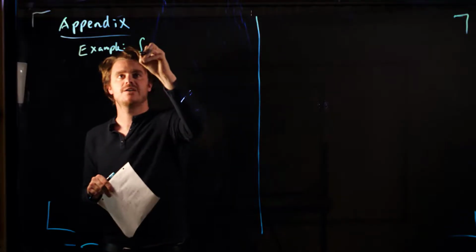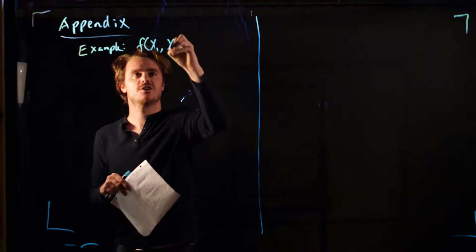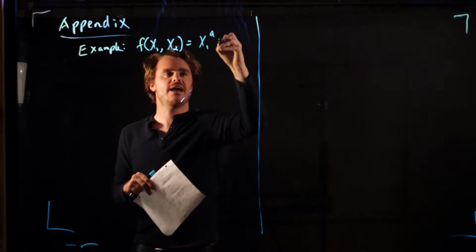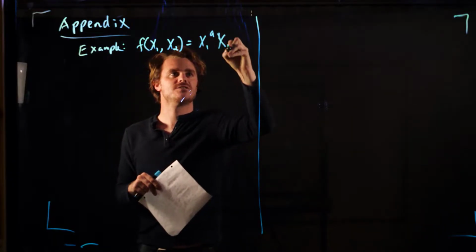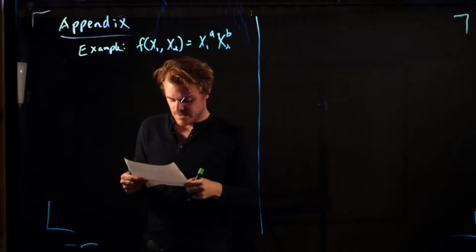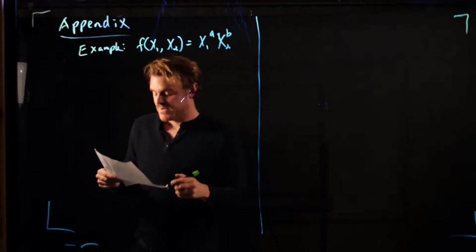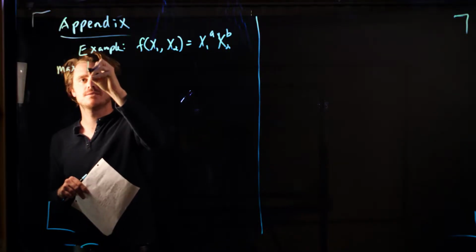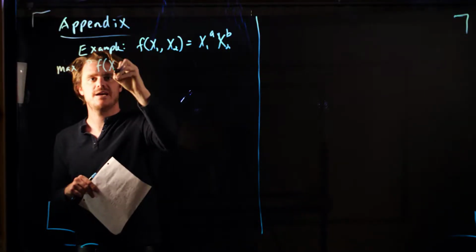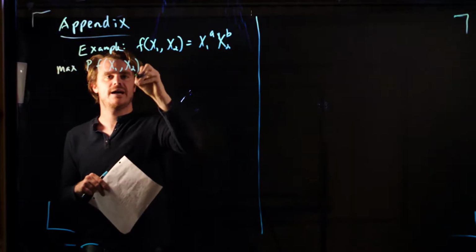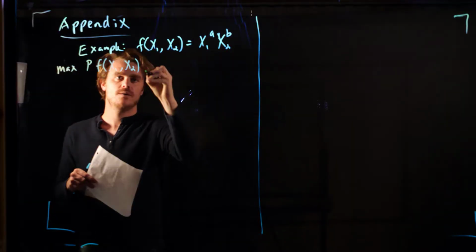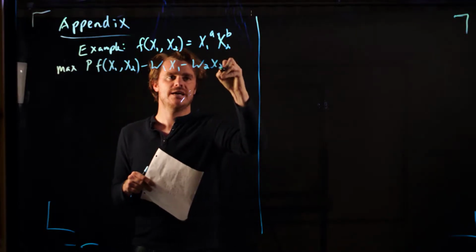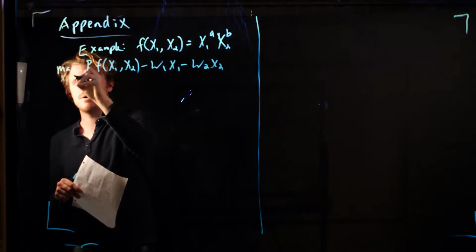So let's pretend our production function is a Cobb-Douglas production function. We have x1 to the A, and x2 to the B. Our maximization problem is to max the price times f of x1, x2, minus w1 x1, minus w2 x2, and we get to pick x1, x2.